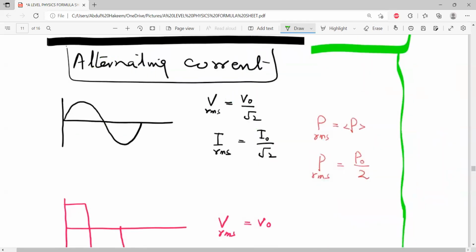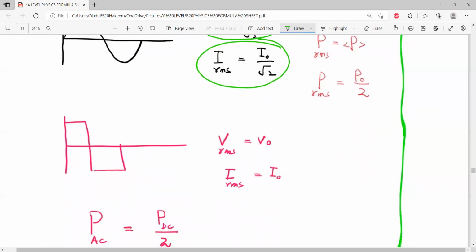Next, alternating current. If we have a sine wave of voltage and current, then the RMS voltage equals peak voltage divided by root 2, and RMS current equals peak current divided by root 2. And if this is a square wave of voltage and current, then do remember in this shape, RMS and peak currents and voltages are both the same.